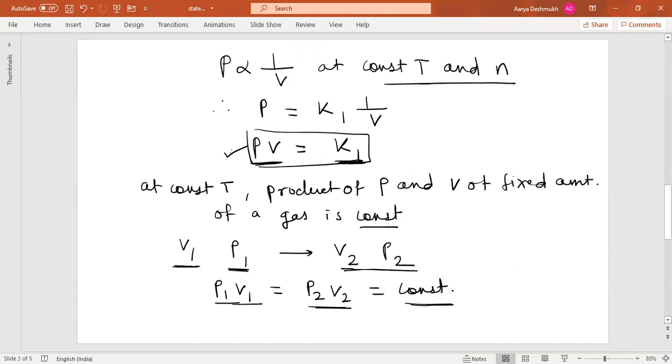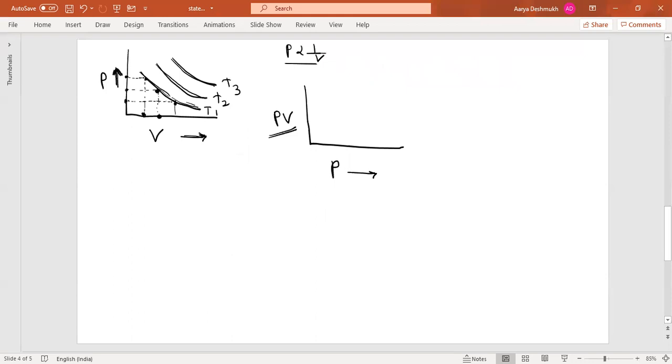So here, if you plot this graph for different temperatures, you will get such horizontal lines like this. So this also proves that even though there is an increase in the pressure, the product of pressure and volume will remain constant. Okay. It means that what are these three different lines? These are different temperatures.